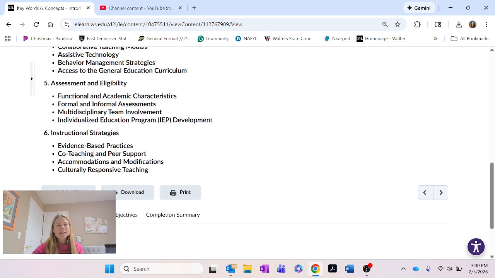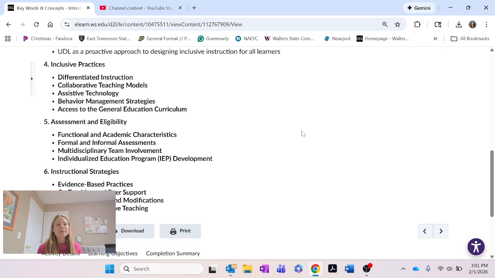And then we look at assessment and eligibility. So this is talking about how we are assessing to see if students are eligible to receive special ed services. There's lots of different things that we look at, and it's what we call a process. We're looking at not only their academic characteristics, but what are those functional characteristics?